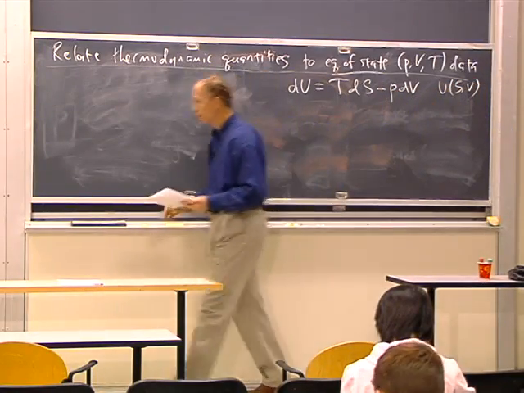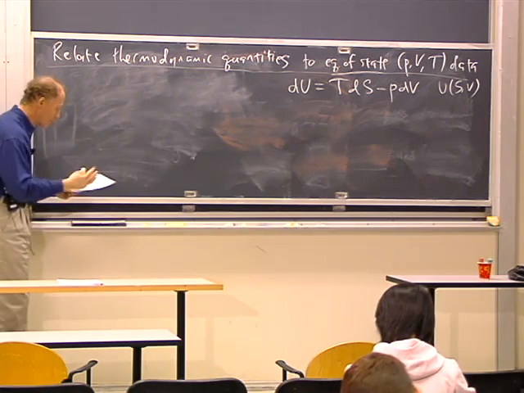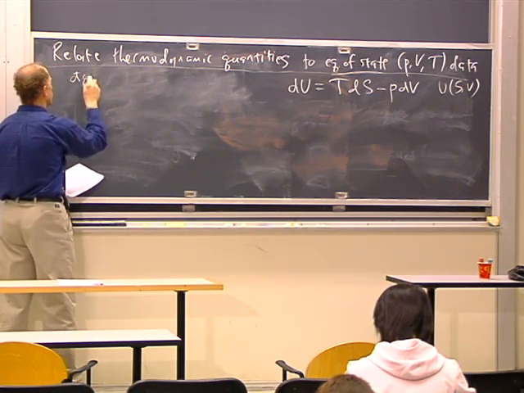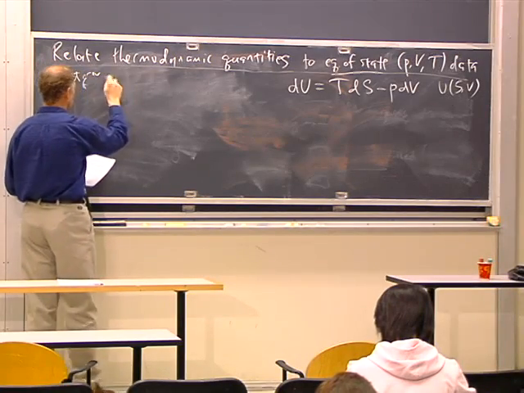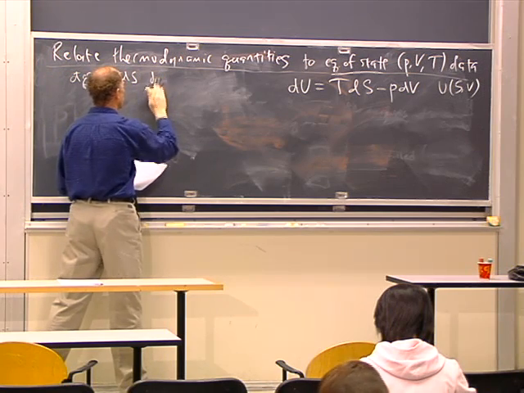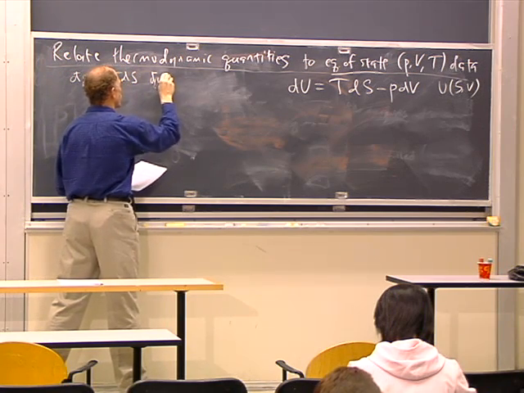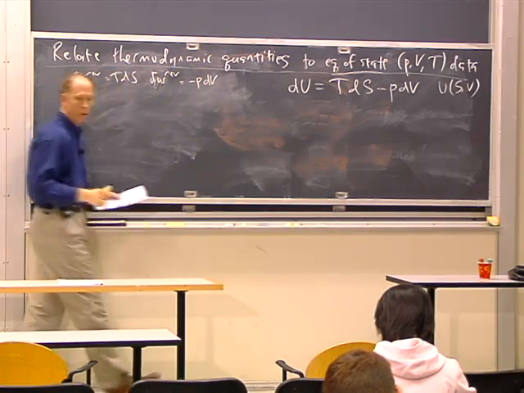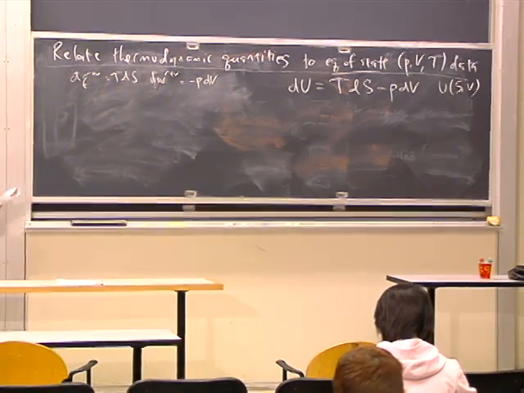We've seen that that's generally the case. It comes from the fact that dq reversible is T dS, and dW reversible is minus P dV. And of course, dU is the sum of those.